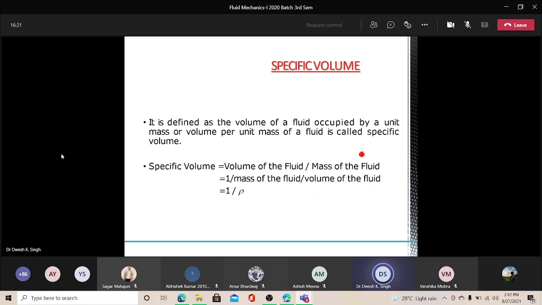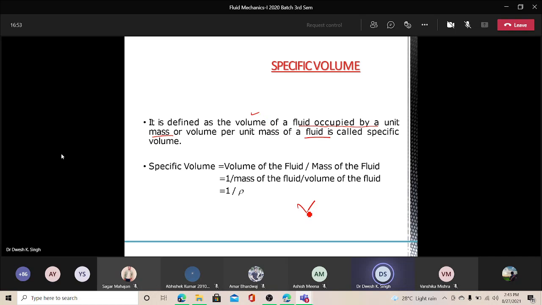And now comes another property, that is specific volume. Specific volume is defined as the volume of a fluid occupied by a unit mass, or volume per unit mass of a fluid. So mathematically, how can we express this? We take the volume V per unit mass.